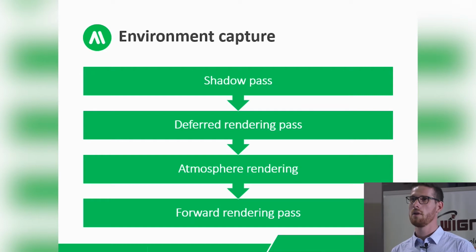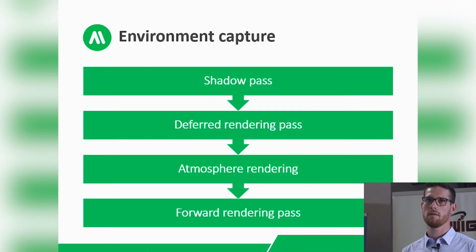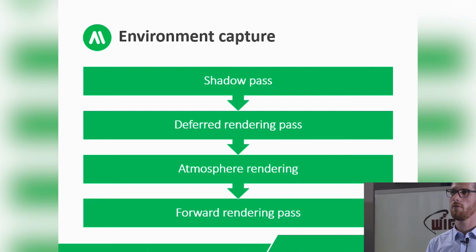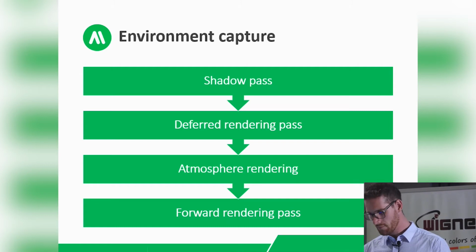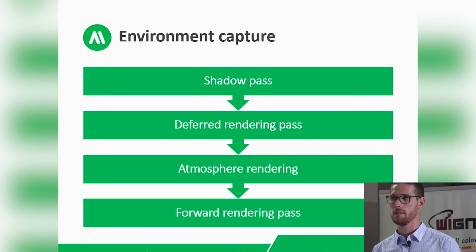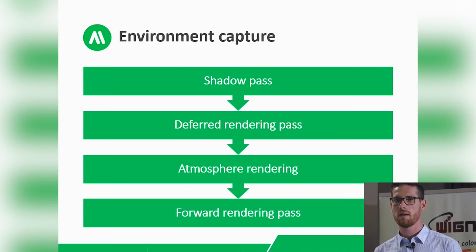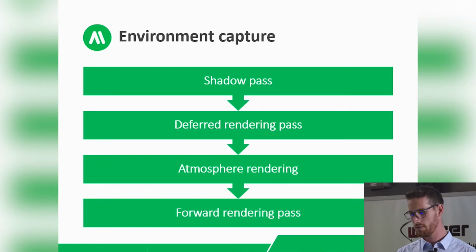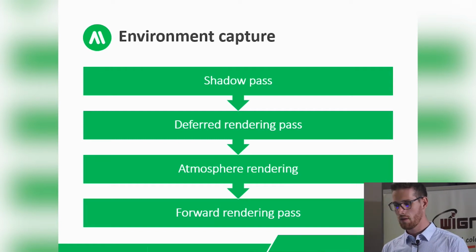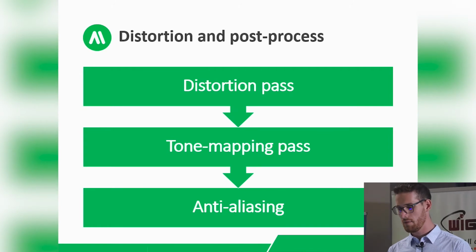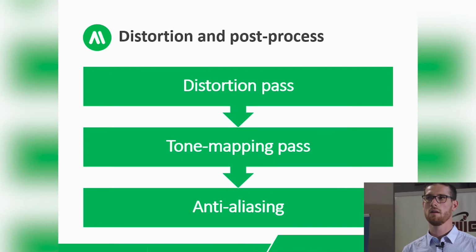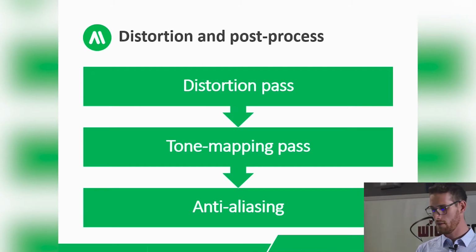We also render an image-based or a calculated atmosphere, and in the end, in a forward rendering pass, we render the transparent objects and some foliage. After that, we have to distort the captured data.